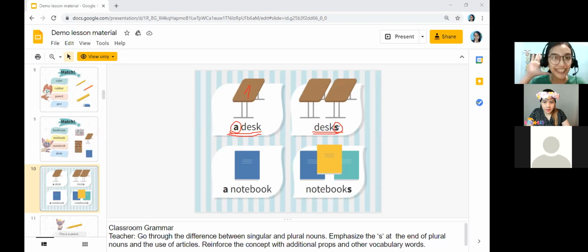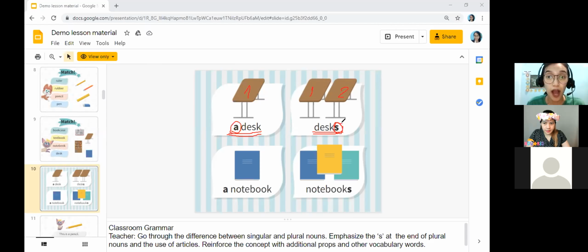Desks. Desks. Good. Two. Desks. Desks. Good job, Ina. Oh, look. A desk.